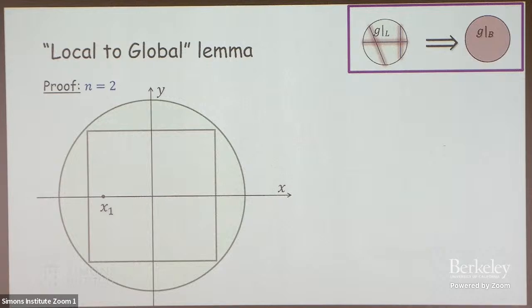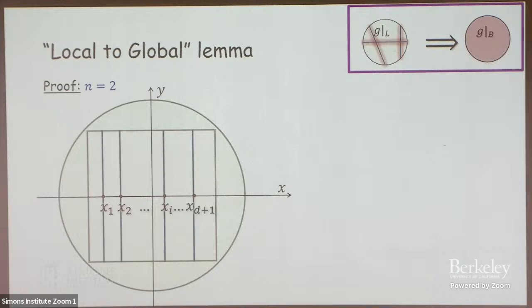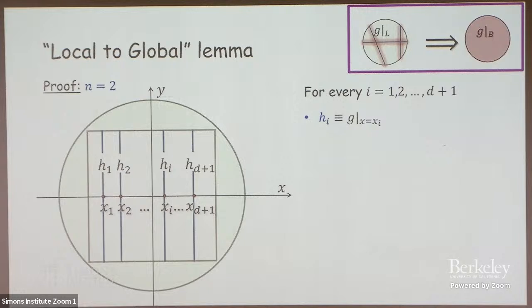Then think about fixing d+1 arbitrary points on the x-axis and taking lines parallel to the y-axis through them. For every such i, let's define h_i to be the restriction of the function G on this line, so this is a univariate function.